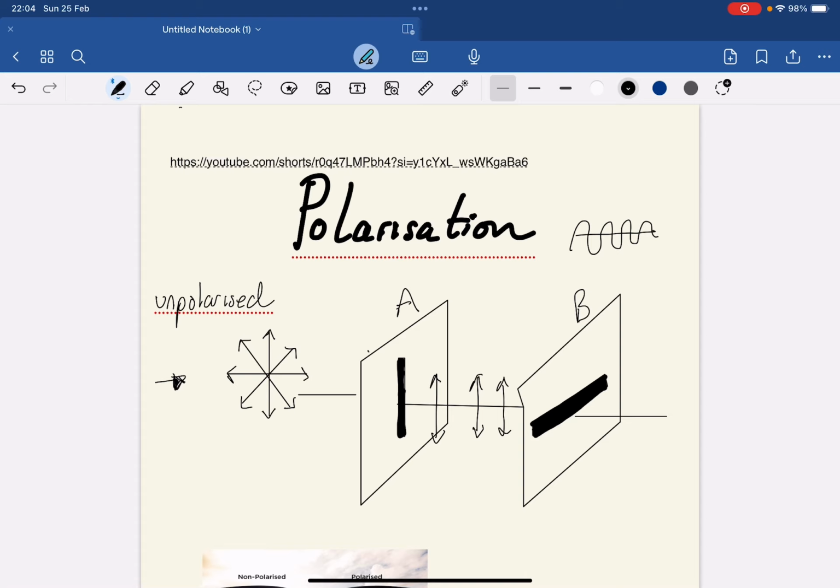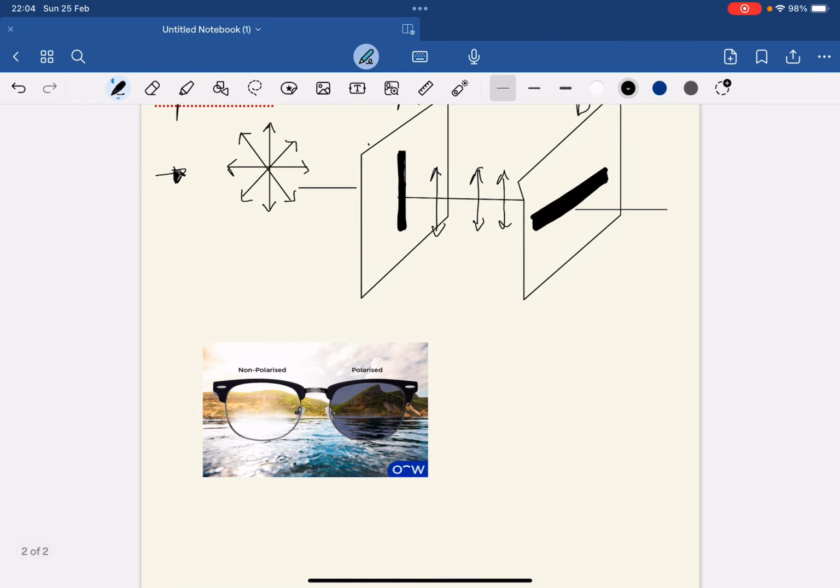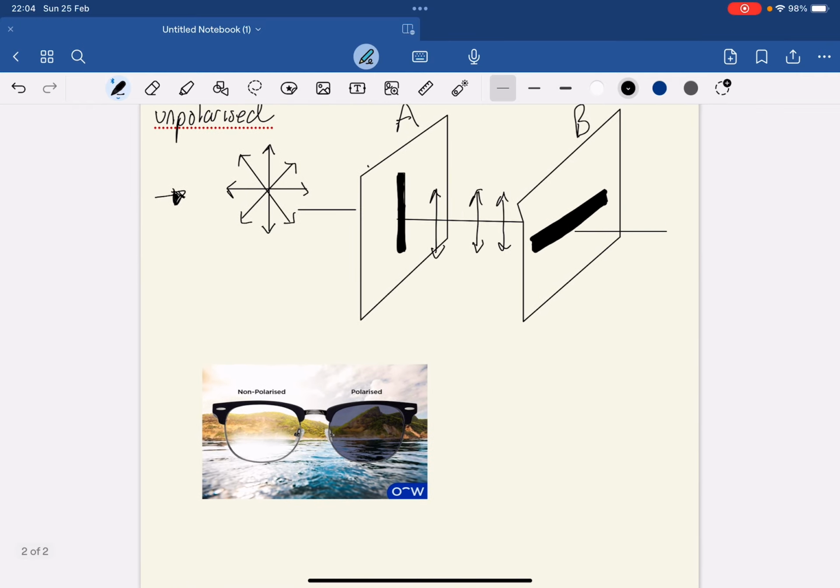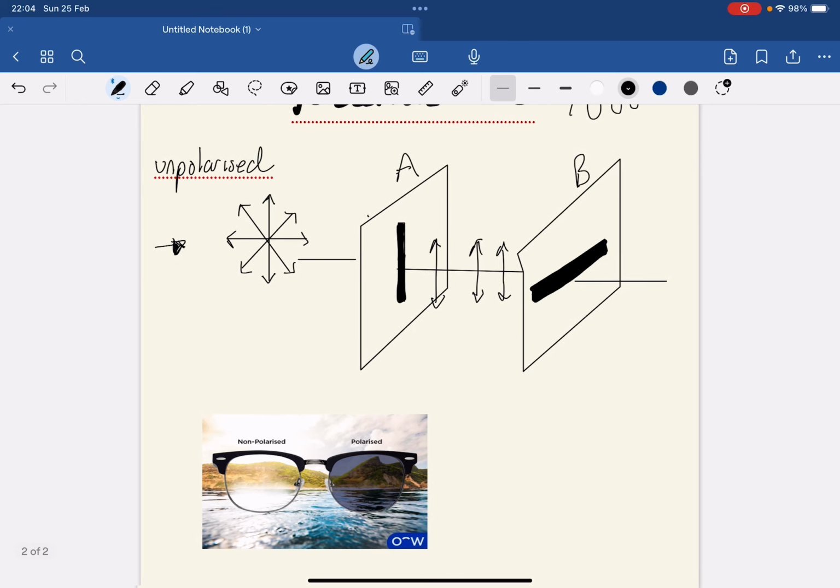Now that is another one of my videos that you can have a look at there as one of the shorts. And you can see that as we turn 90 degrees, we no longer hear that microwave. And that's due to it being absorbed. And that's exactly what we're seeing here between A and B.